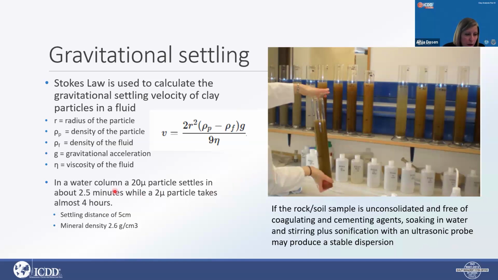For example, in a water column, a 20 micron particle settles in about 2.5 minutes, whereas a 2 micron particle takes close to 4 hours to settle. This has been calculated based on a settling distance of 5 centimeters and a mineral density of 2.6 grams per cubic centimeter. That means that after 3 hours and I think 50 minutes, you can take a pipette and take the top 5 centimeters from here, and that should contain your clay fraction.